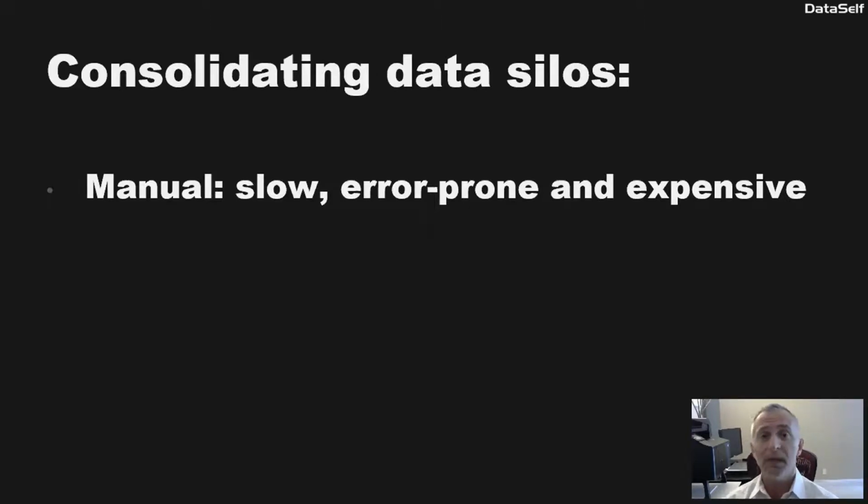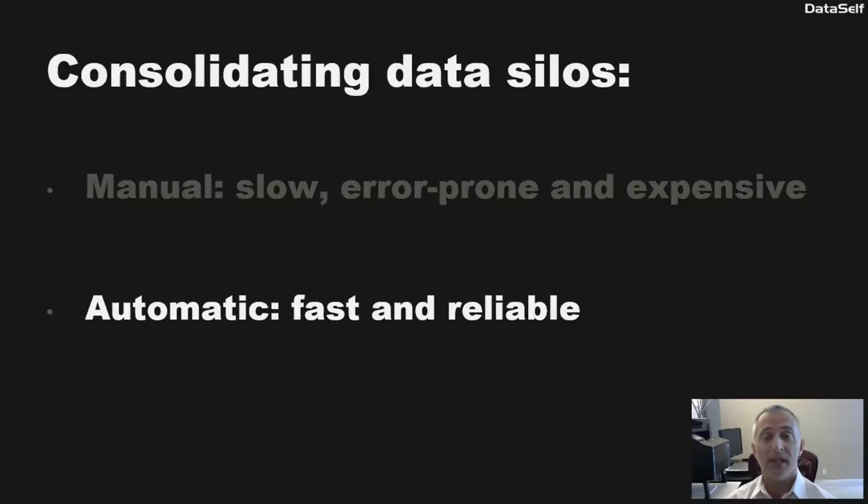And it usually proves to be expensive in the long run. Every month or every quarter, people have to go through those procedures and fix the errors and double check everything's being correct. So the manual approach is very popular, but again, it's slow, error prone, and expensive.